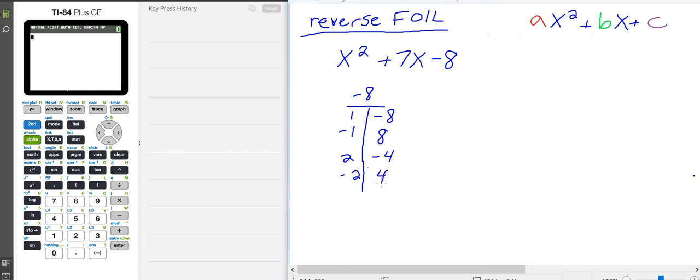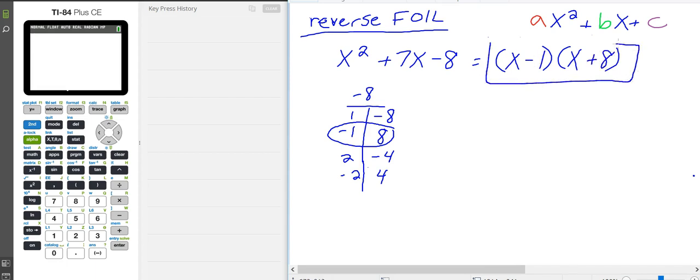Now, which one of these adds up to +7? -1 and +8. So, in factored form, this would look like x and x, and we just add the -1 and the +8. You would, of course, want to FOIL back to make sure we got it right.